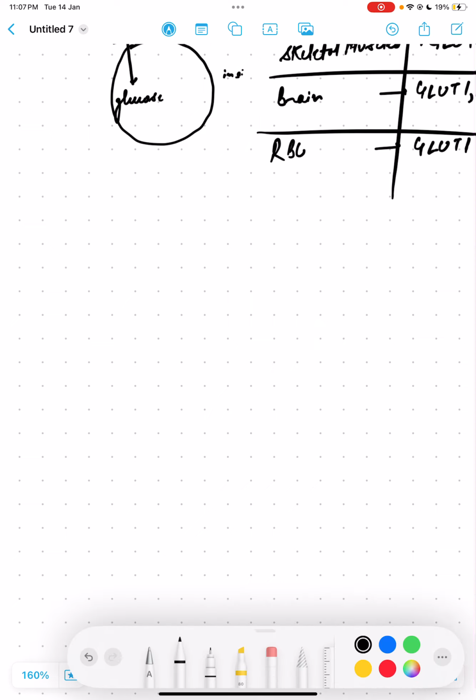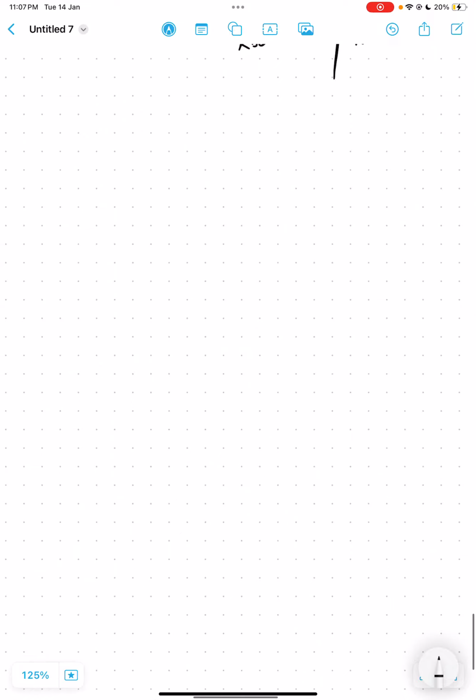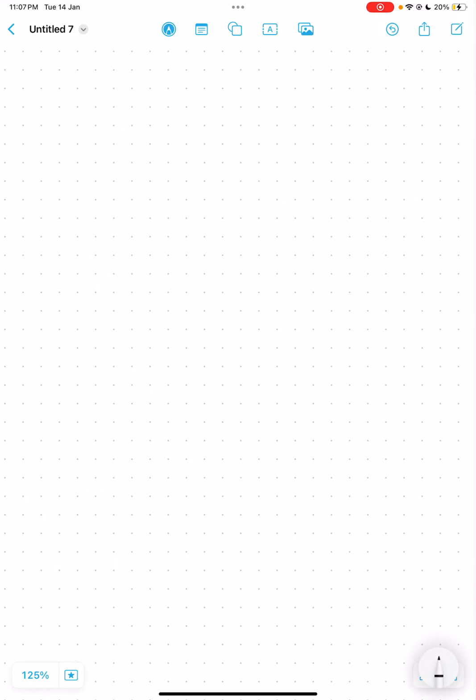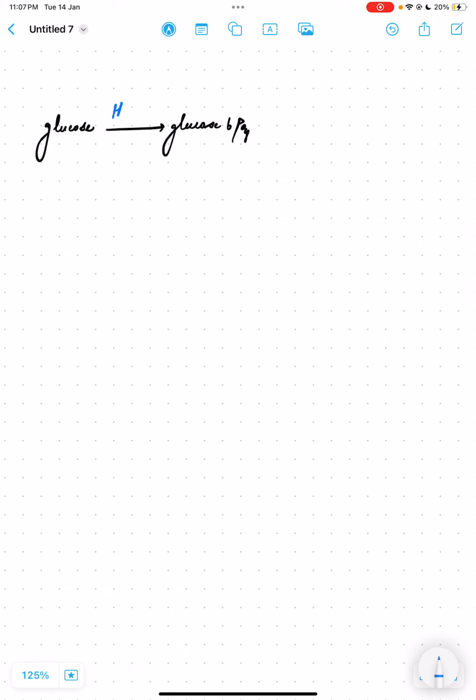So let's begin with our glycolysis. I will make a simple flowchart for all of you. First of all, glucose is converted to glucose 6-phosphate with the help of the enzyme hexokinase or glucokinase.